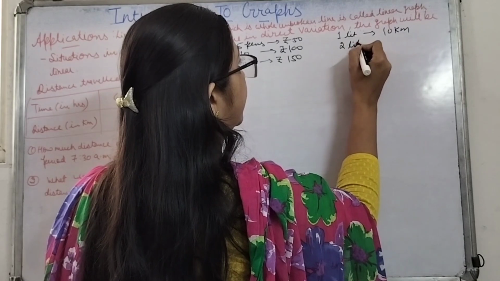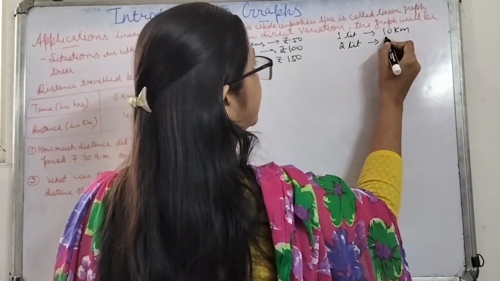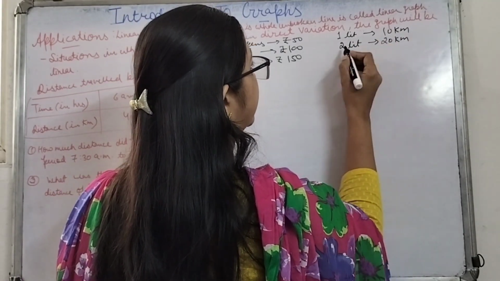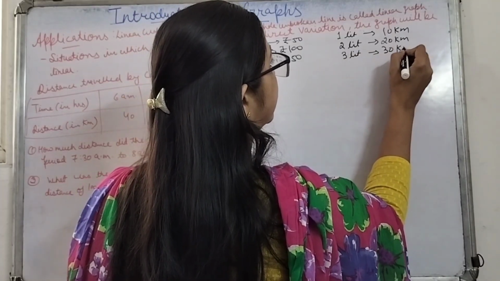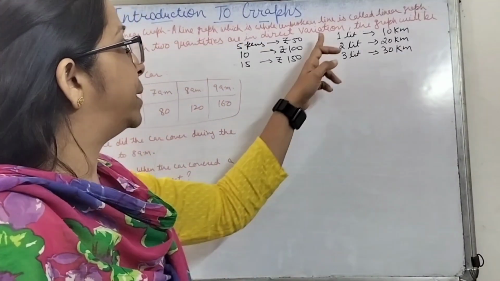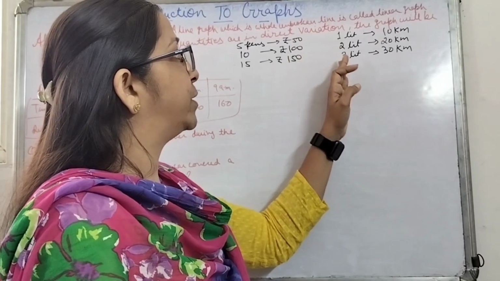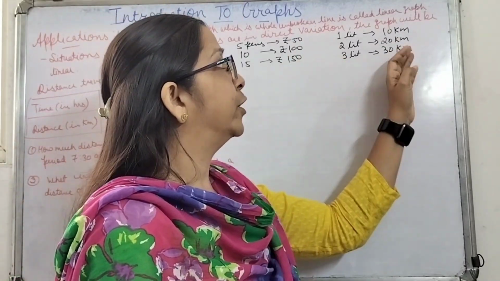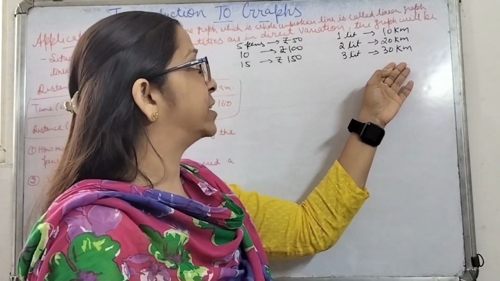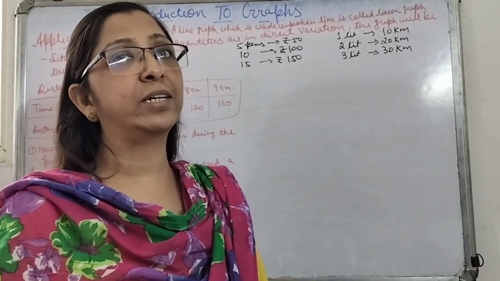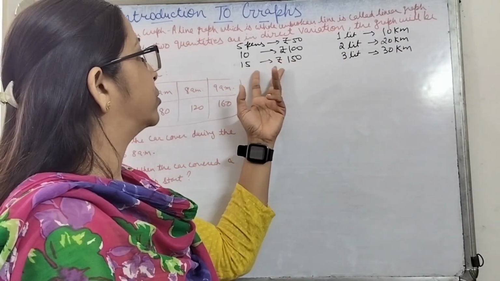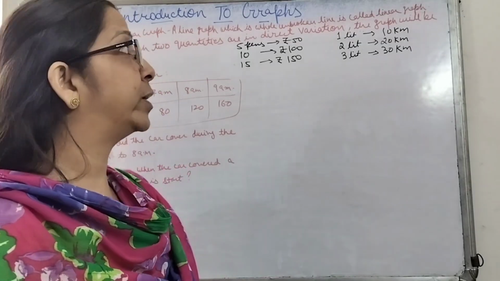If 2 liters of petrol, then 20 kilometers. If 3 liters, then 30 kilometers. So as the quantity of petrol increases, the distance traveled also increases. So with the increase in one quantity, the other quantity also increases. We will say that both quantities are in direct variation.